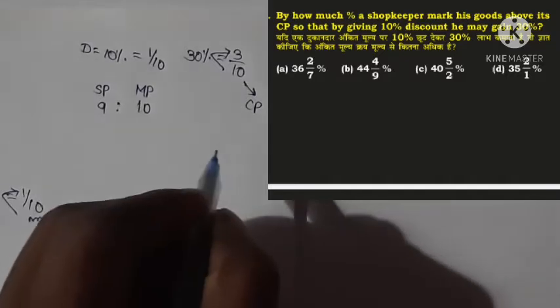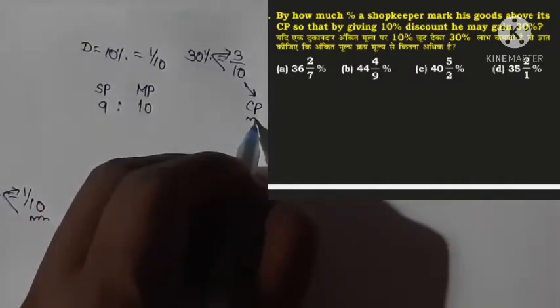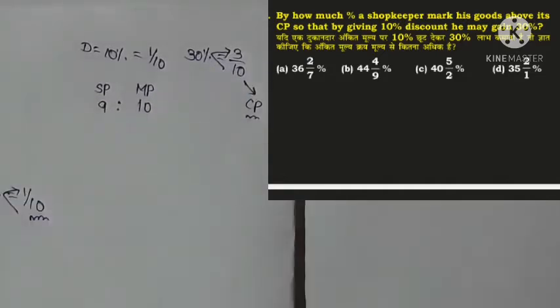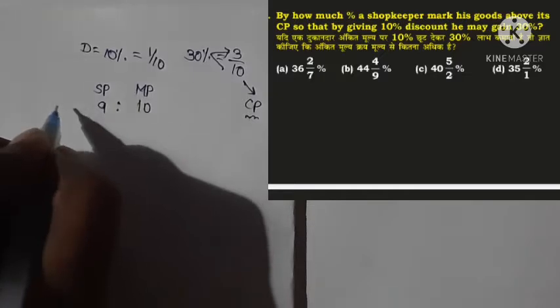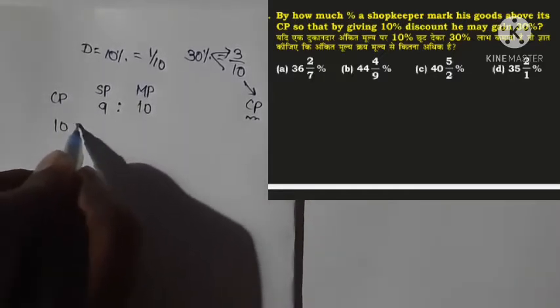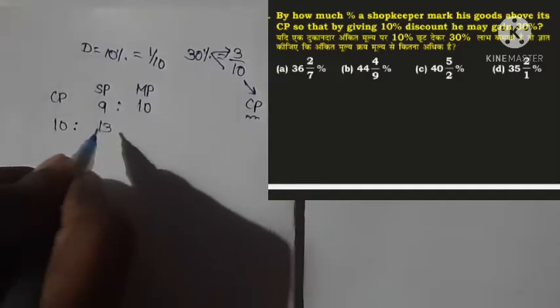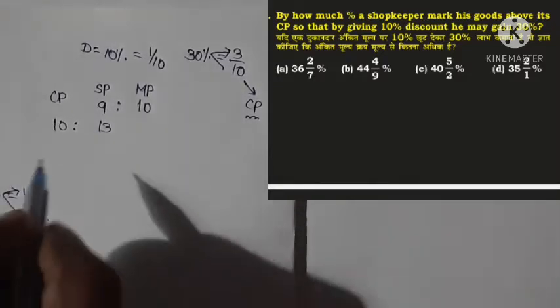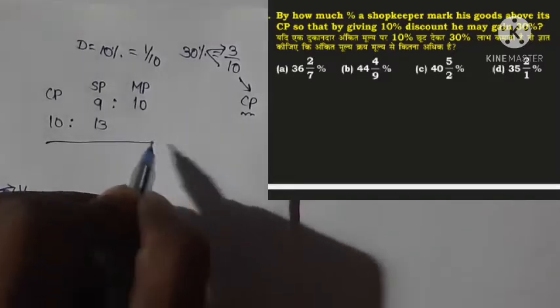So 30% is equal to 3 by 10. Here the cost price is 10, so the selling price is 10 plus 3, which is 13. So cost price and selling price are in the ratio of 10:13. In both cases the selling price is the same.